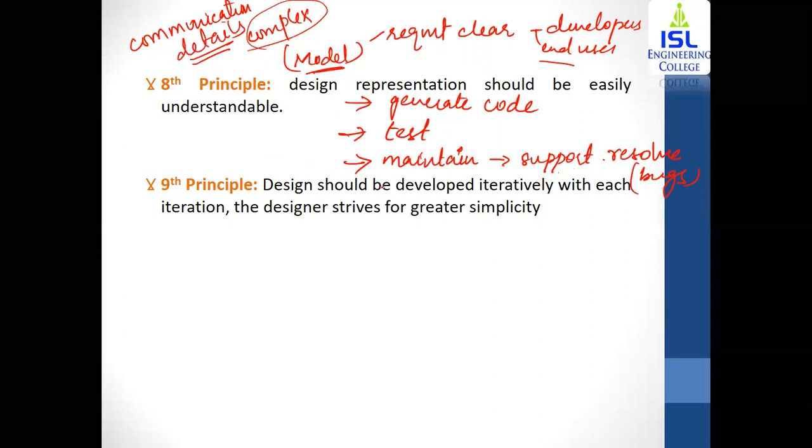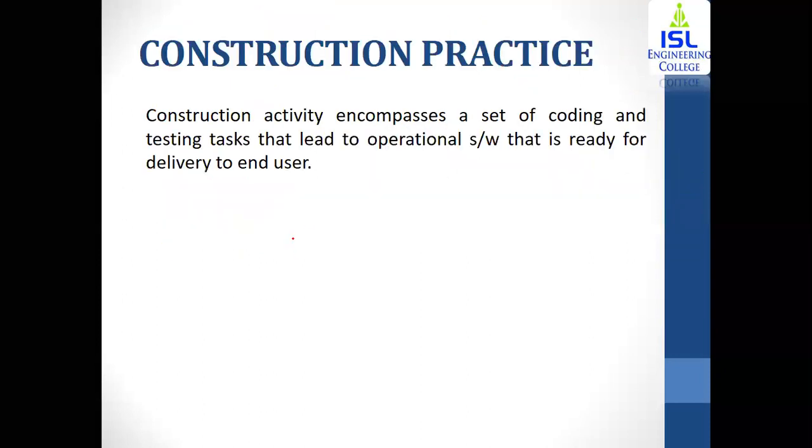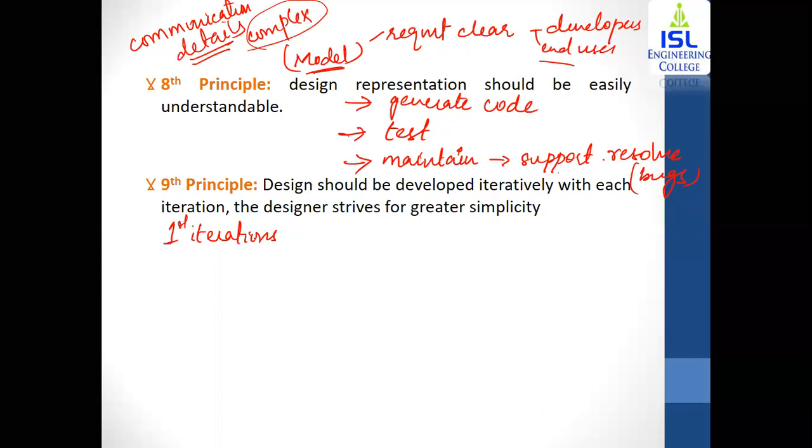Then the ninth principle is that design should be developed iteratively. With each iteration, the design strives for greater simplicity. Now, whenever you're designing a model, the software can be developed in different sets of iterations. The first iteration can focus on how the architecture is going to be, how you're going to design the software, and how you're going to correct the errors that are identified.